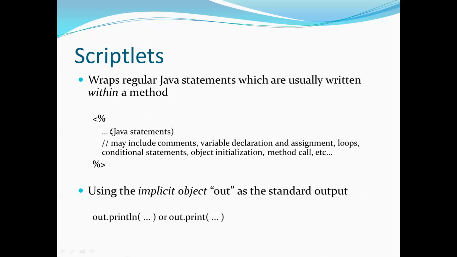This tag is called scriptlet, and I hope you are getting it, because I have already explained it one time when I was discussing the session. It wraps regular Java statements which are usually written within a method, using the implicit object out as the standard output. So this scriptlet tag is used to write the Java code.